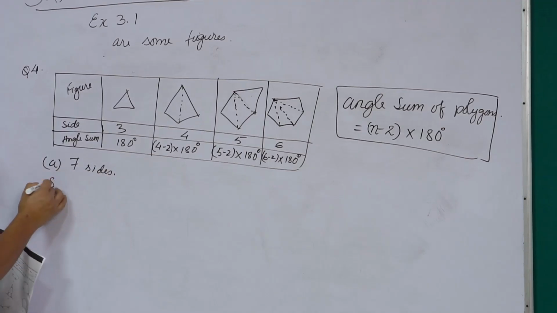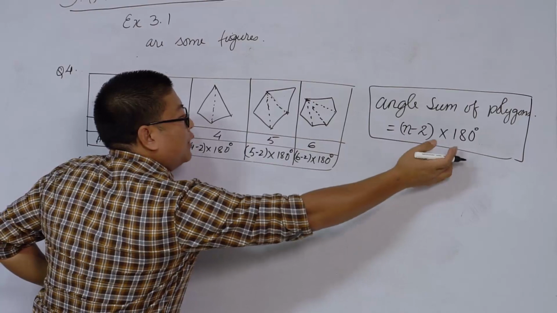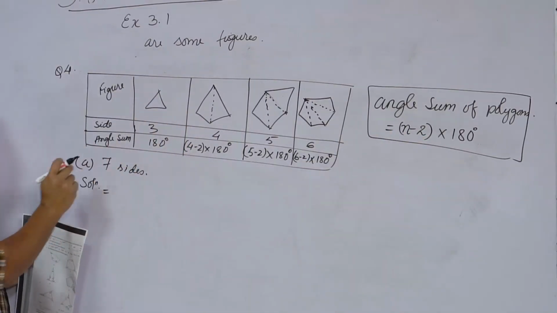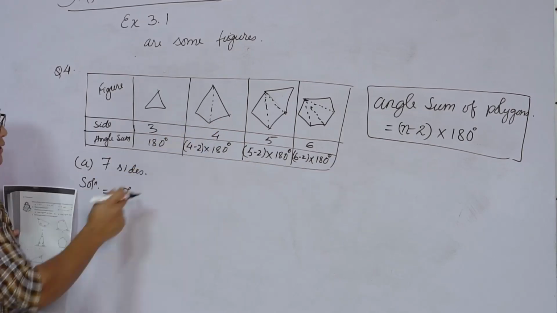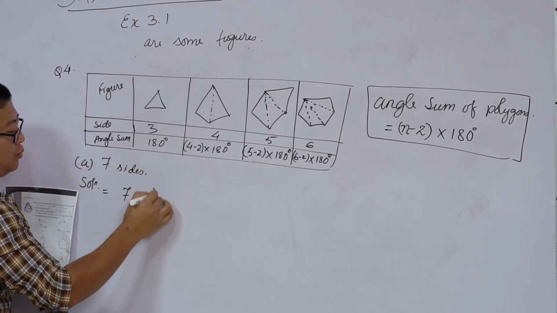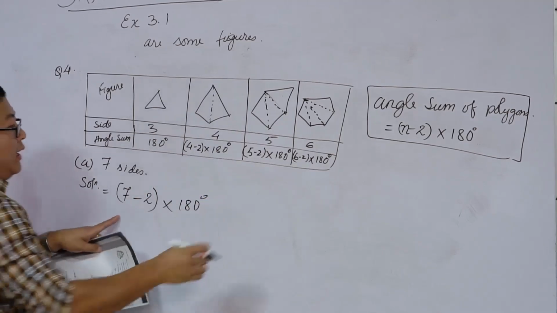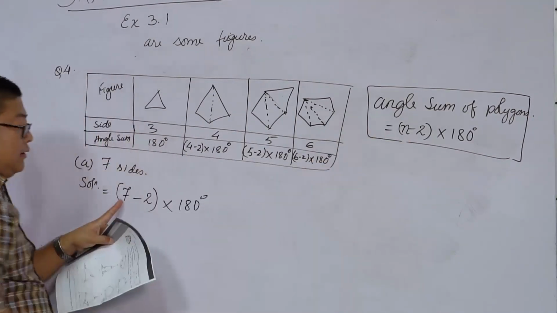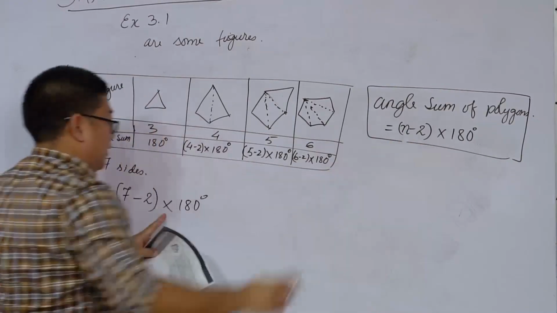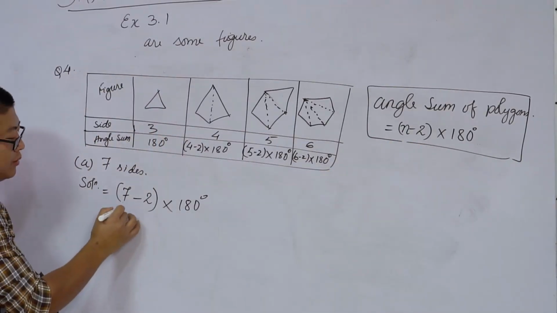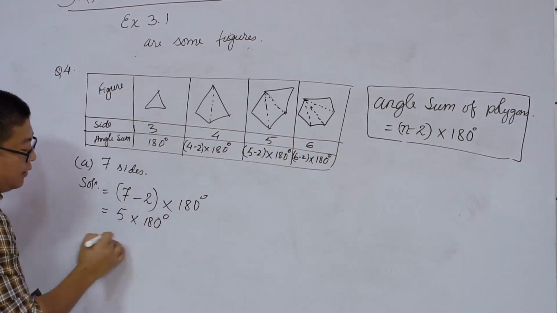Now this is given as 7. We know that n minus 2 into 180 will give you the angle sum of this polygon. So we will take n as 7, minus 2 into 180 degrees. N will be 7, minus 2 will remain same, into 180. So 7 minus 2 is 5.